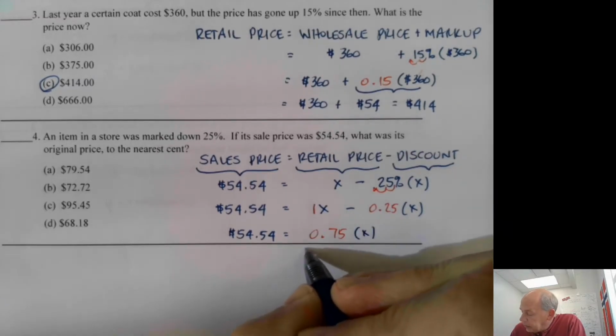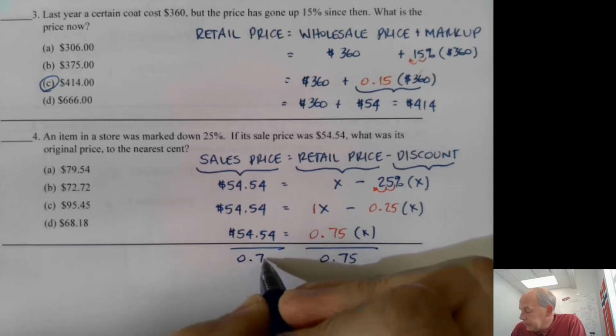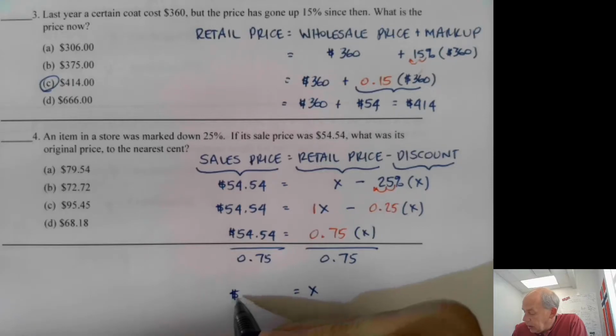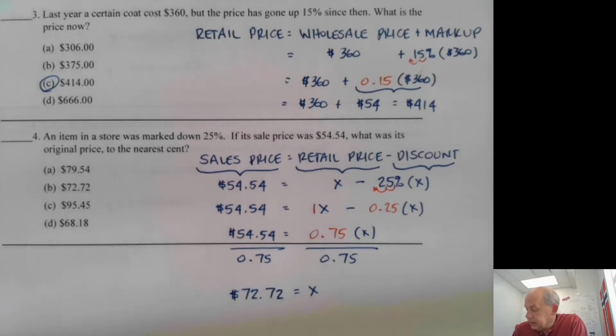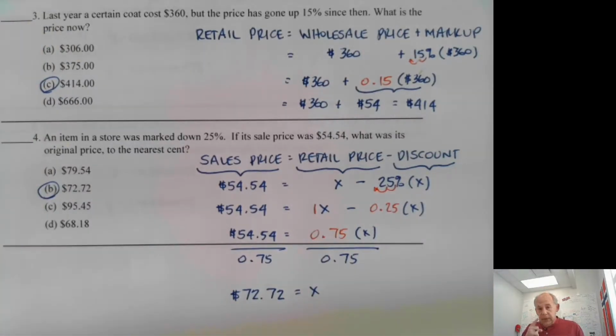And now I'm going to divide both sides through by 0.75. So I would have an x value of 72. So my answer is choice B. So there's how you would do number 3 on the markup side and number 4 on the discount side of that formula.